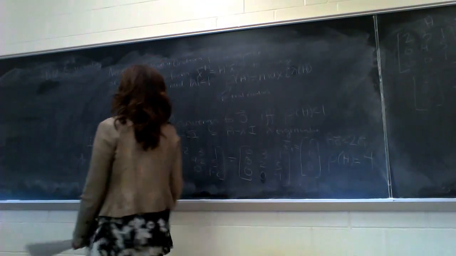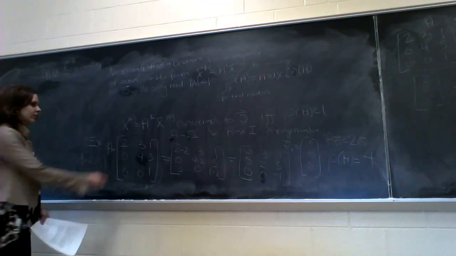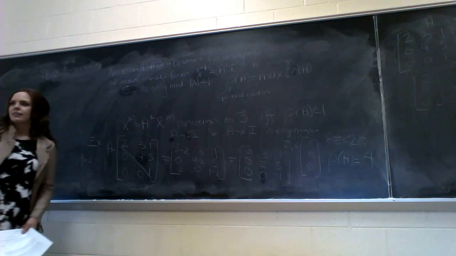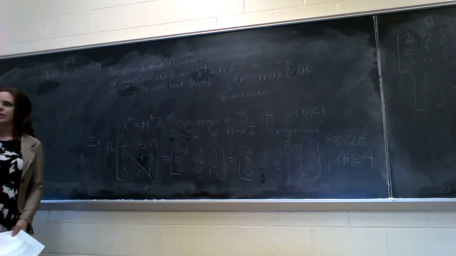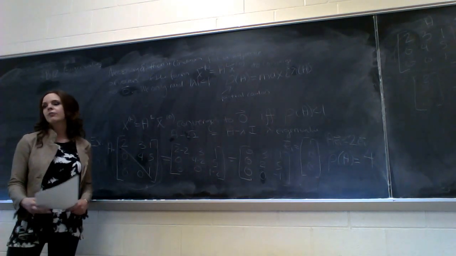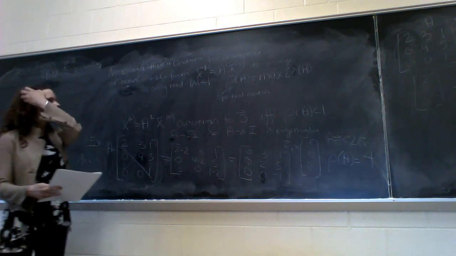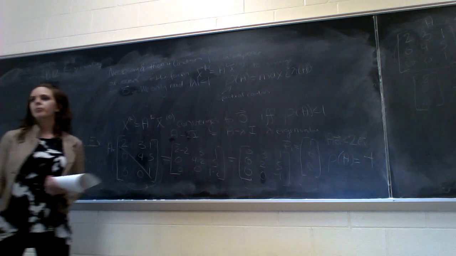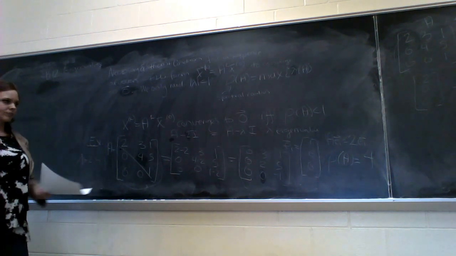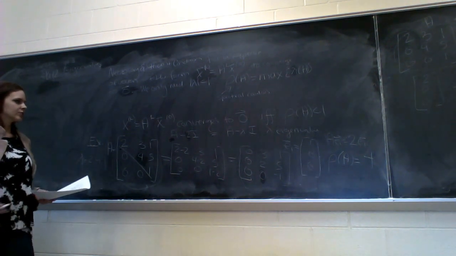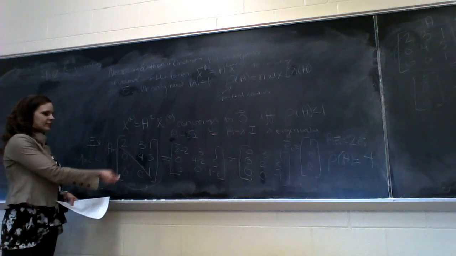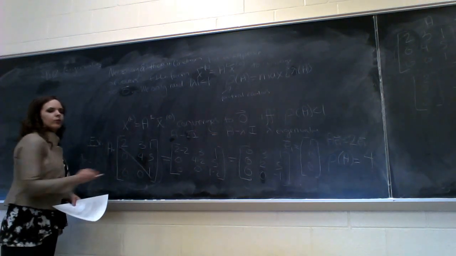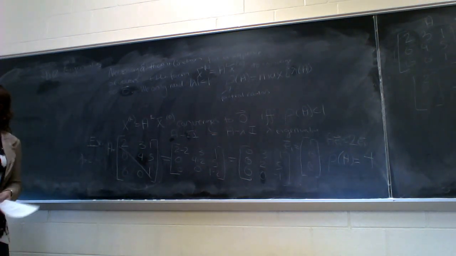But since this is triangular, we really could just look at the diagonal also. So it wasn't necessary, but we just wanted to see that we got a column of 0, which means we have a singular matrix. Just from looking at the example, since it's triangular, we know that those are the eigenvalues already.